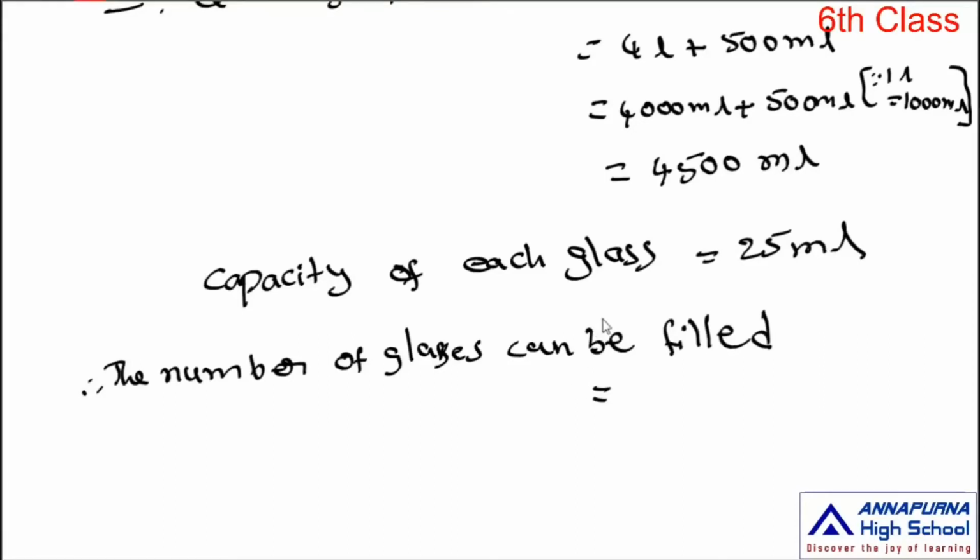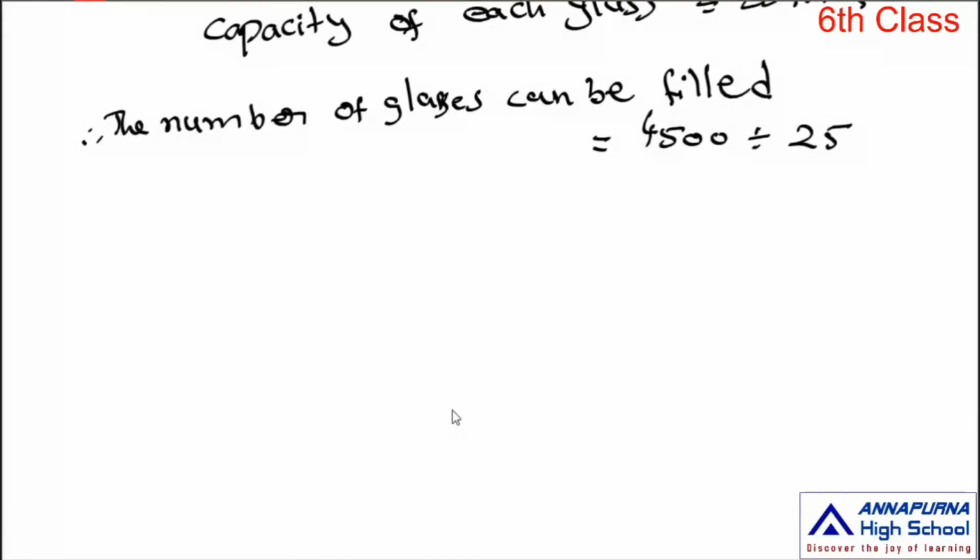The capacity of the vessel divided by the capacity of each glass. What is the capacity of the vessel? 4500 milliliters by, what is the capacity of a glass? 25 ml. When we divide 4500 by 25, what is the result?